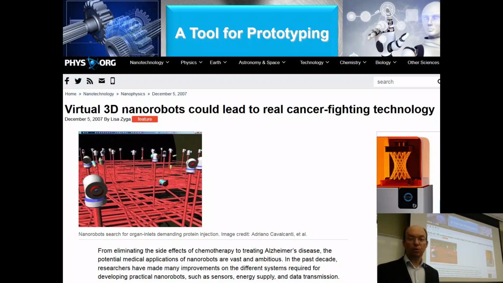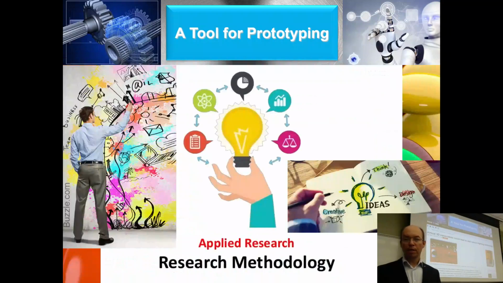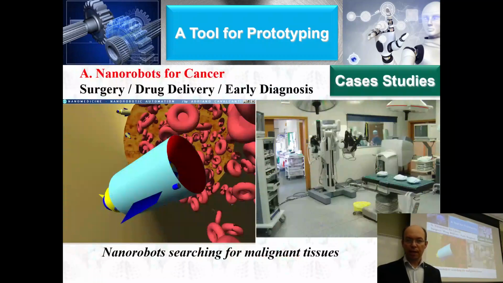Another thing to keep in mind is the fact that 3D modeling helps us as an applied approach and methodology for our research. So we use case studies as the most feasible way to investigate development of nanorobots.